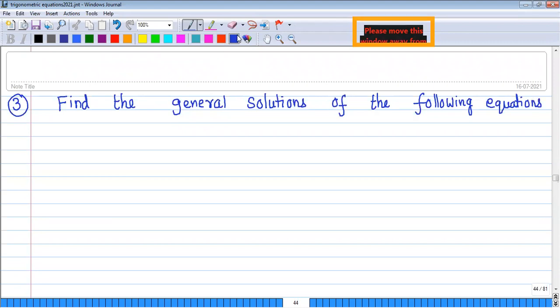Sir, one show before page. Definitely. Let me write the question. After that, I will move to the previous page. Sin theta equals to root 3 by 2 and cos theta equals to negative 1 upon 2.